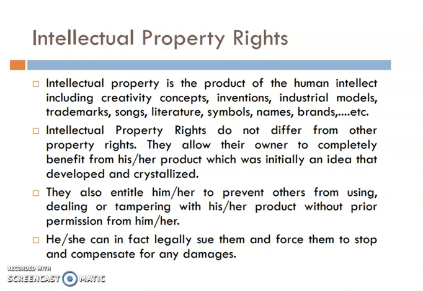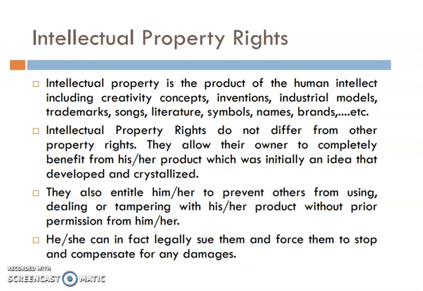Intellectual property is the product of the human intellect, including creativity, concepts, inventions, industrial models, trademarks, songs, literature, symbols, names, brands, etc. Intellectual property rights do not differ from other property rights.